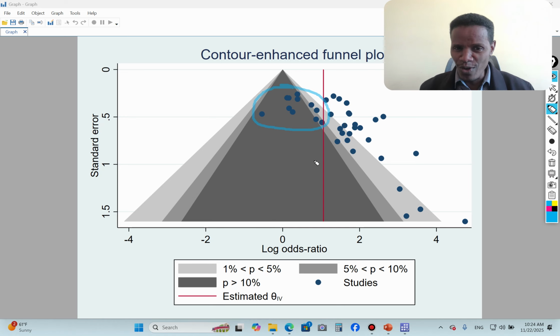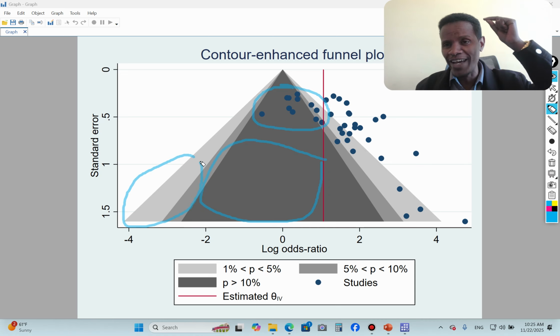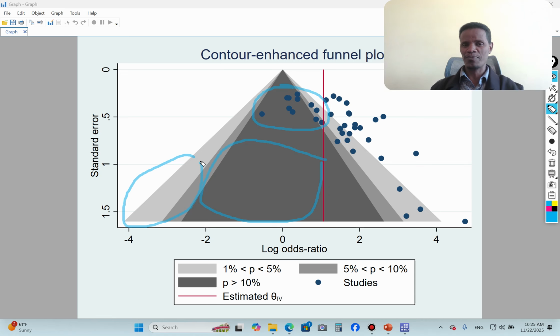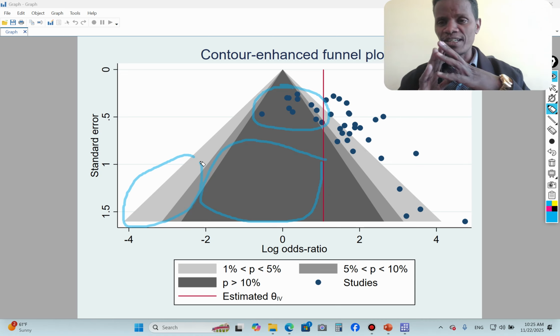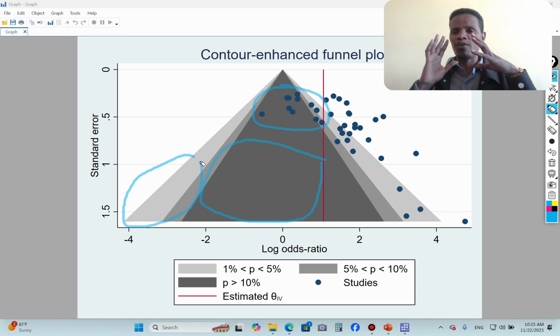But studies with small sample size and statistically non-significant results are missed from the statistically non-significant region and even from the statistically significant region. Since they are statistically non-significant and have a small sample size, they had been rejected from publication.